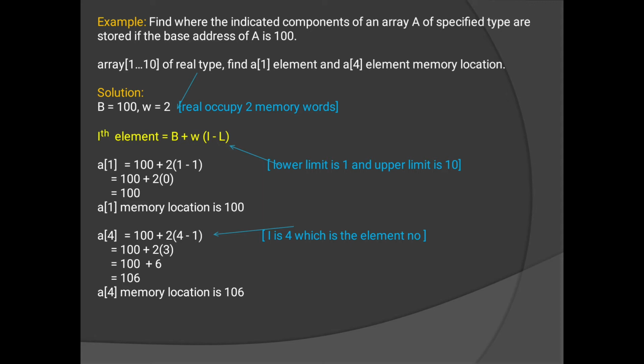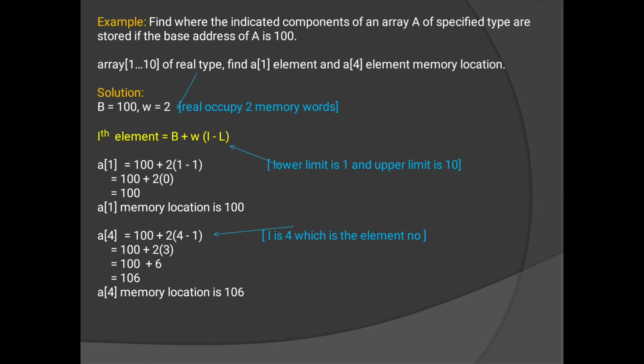Now we have to solve it using the formula. Here W is 2, which is the memory word occupied by real type, right? Real data type occupies two memory words, which is 4 bytes.